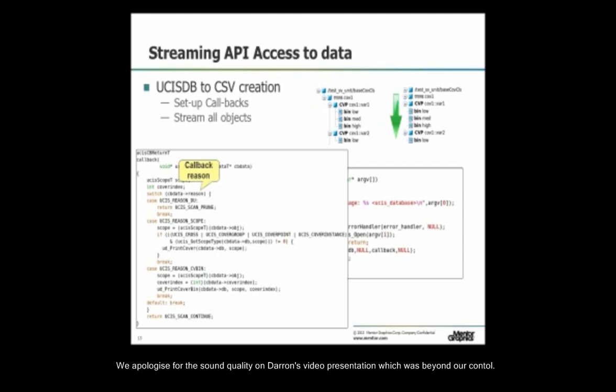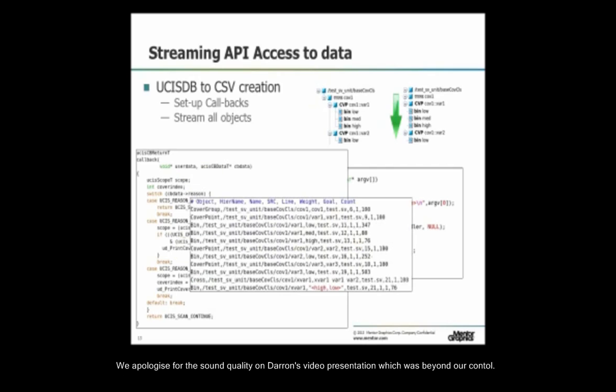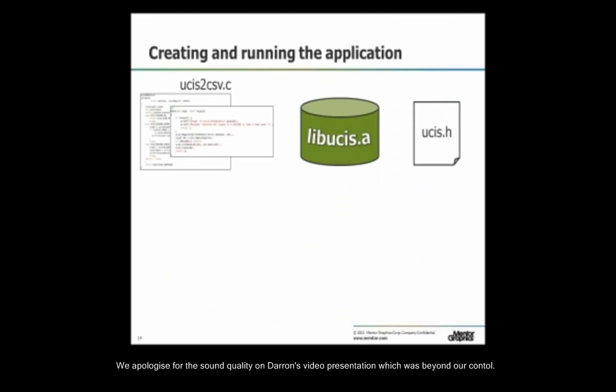And then this callback routine is called each time on the scopes and the bins, and you extract the information the same way. The big difference is that it's very memory efficient, because at one time you've only got a certain amount of information in the database, but it's up to the application to gather information if it needs to reuse it, whereas the in-memory mode gives you access to the data all the time.